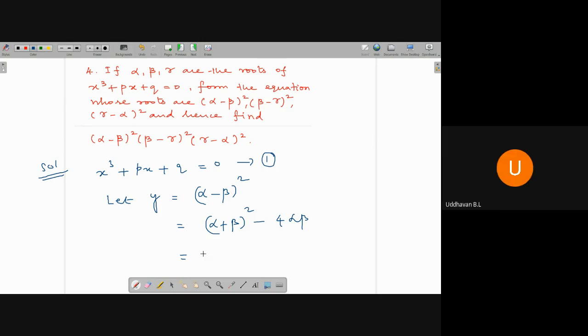Substituting x, sir. No. Sir, alpha plus beta is the sum of the roots, so gamma I need.